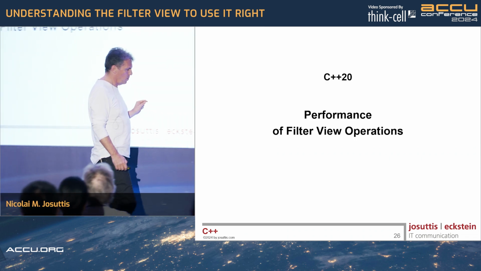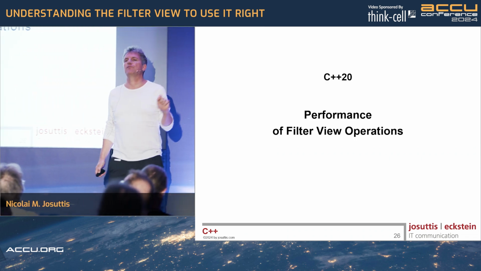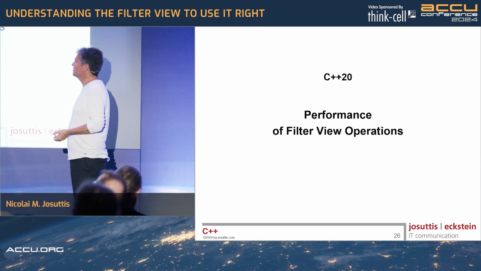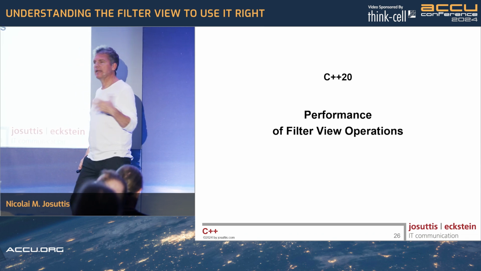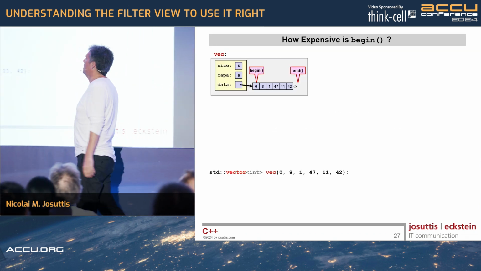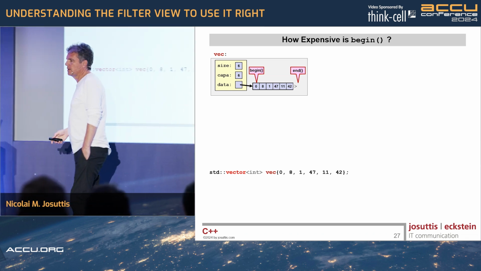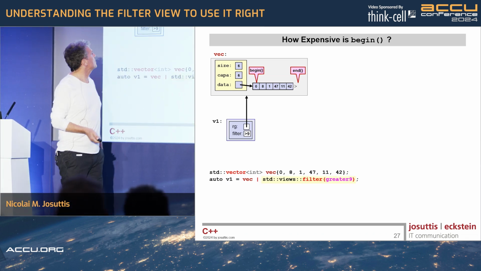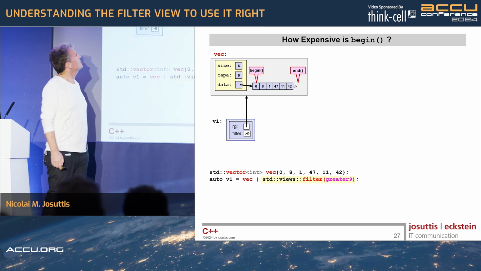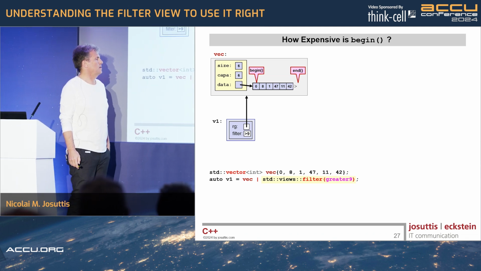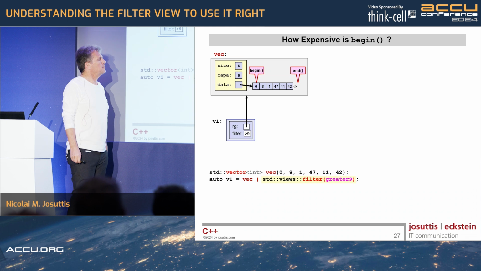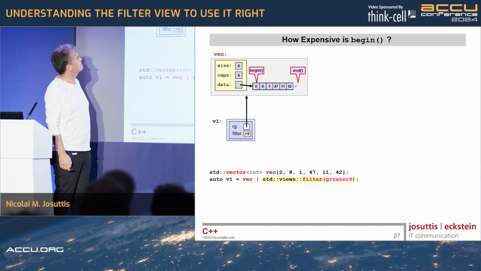But there's more. We have to talk about each and every individual operation. We have to talk about begin, and so on. So let's look at a vector, and let's look at what it means if we filter the elements in this vector to say, let's take only the elements that are greater than 9.